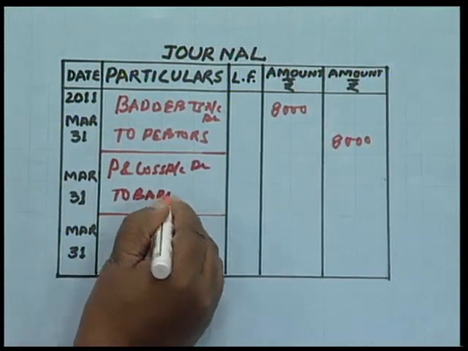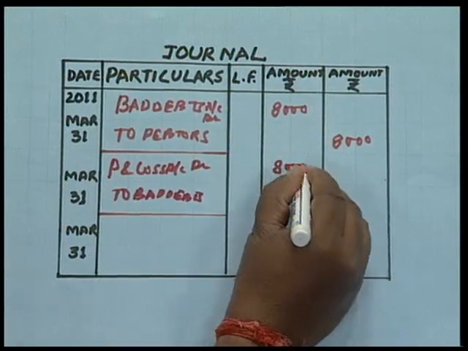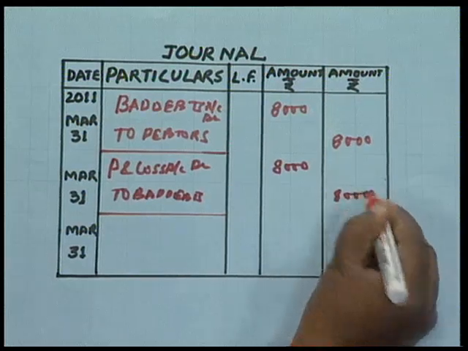So, we will transfer this bad debts to profit and loss account by debiting the profit and loss account. So, out of 88,000, 8,000 will be deducted from it. So, the remaining debtors are 80,000. Now, we will make the provision as mentioned in the case at the rate of 10% for the remaining debtors.